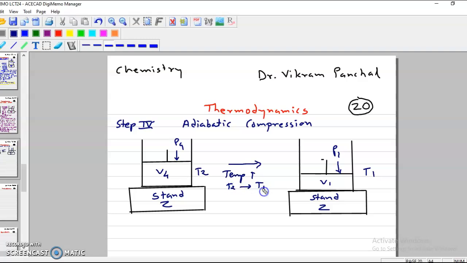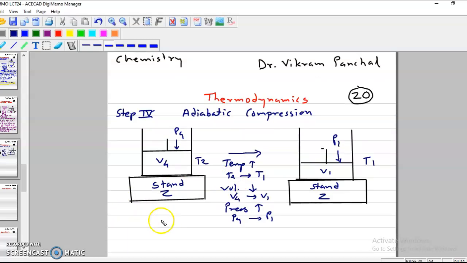So it is heating, and volume decreases from V4 to V1. So volume decreases, temperature increases, and pressure also increases from P4 to P1. So this is adiabatic compression.